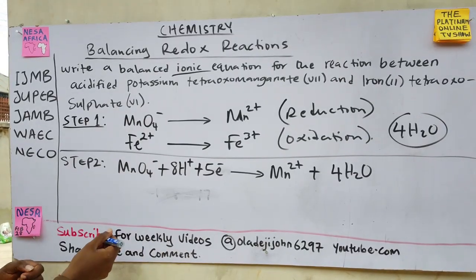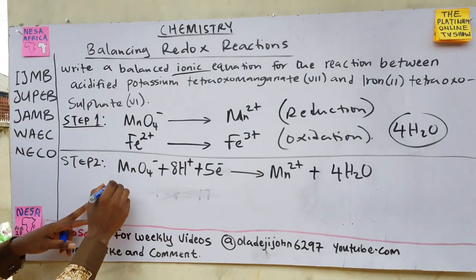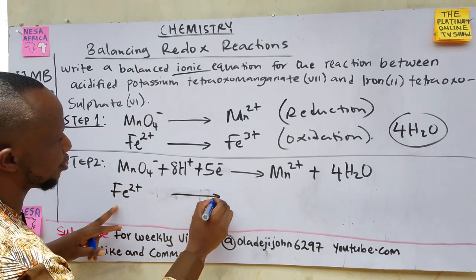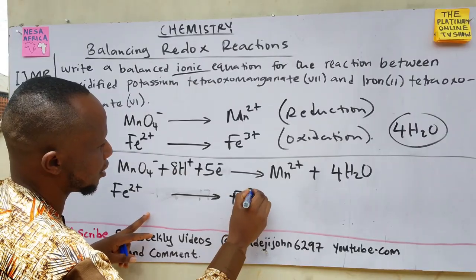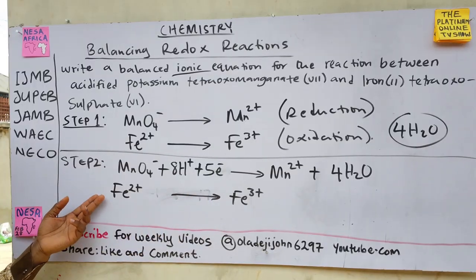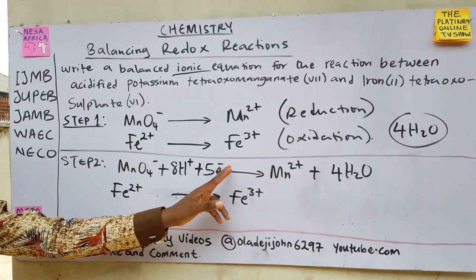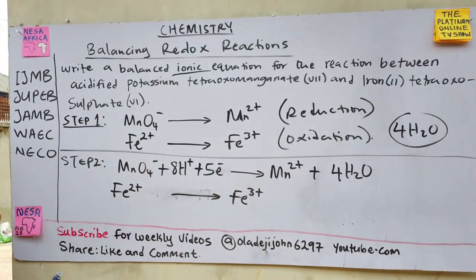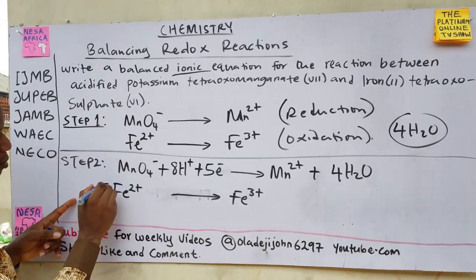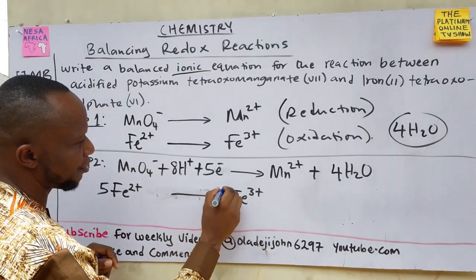Okay, we are not done with step 2: Fe²⁺ to give Fe³⁺. This 5, like we talked earlier, is the missing element if you look at the equation from the question. We balance here by 5, and when we come here, 5.